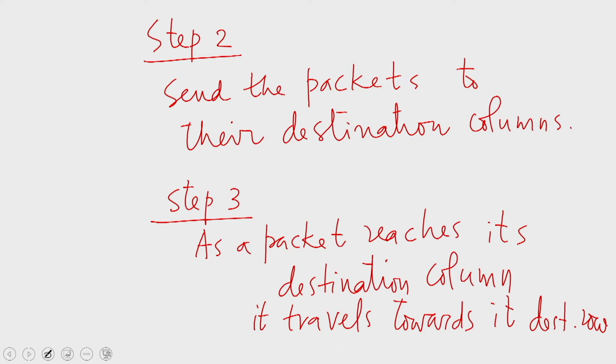So step 2 we can see involves moving the packets along their rows. So this will take m steps, and this will take n steps again. So the total time taken is 2n plus m steps to route all the packets.